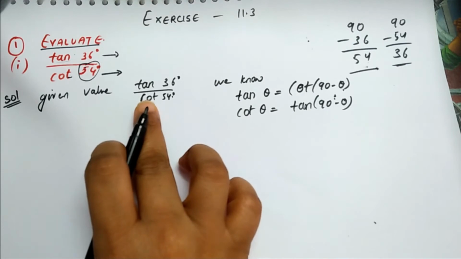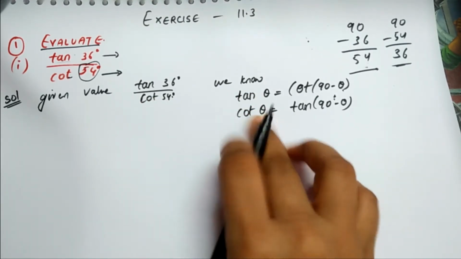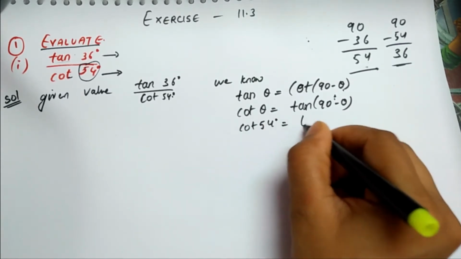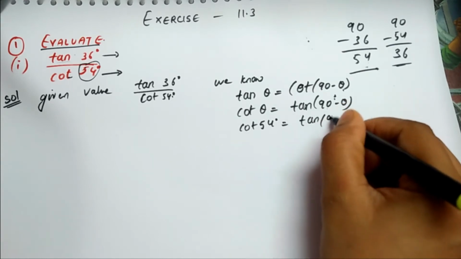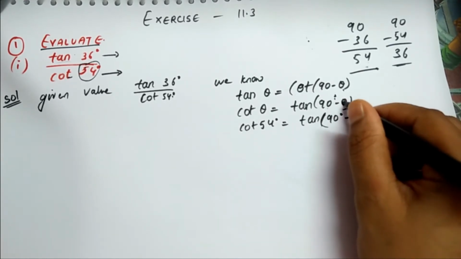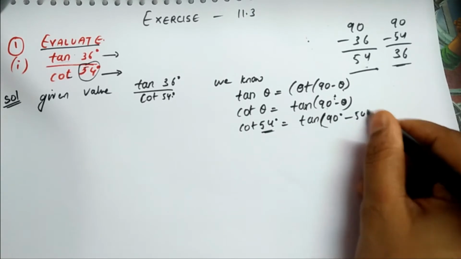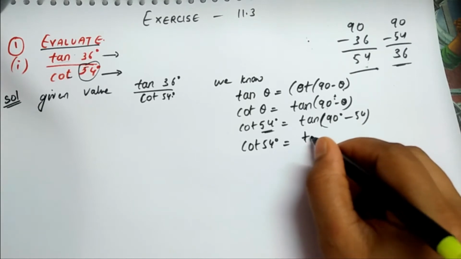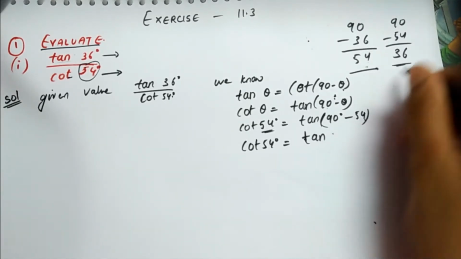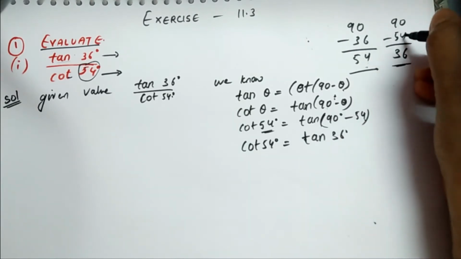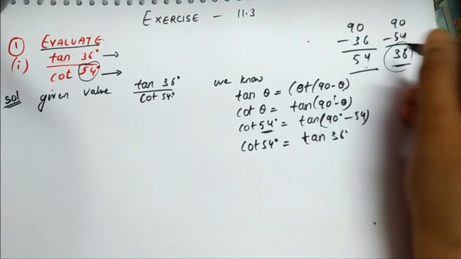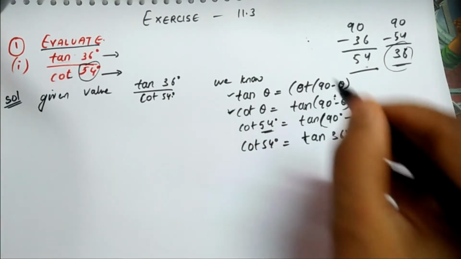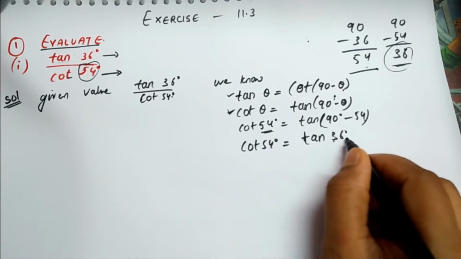So we are converting the cot value, so we are writing cot 54 degrees as tan of 90 minus theta, where theta here is 54. So cot 54 degrees, if converted, is tan 36. Okay, 90 minus 54 is nothing but 36. You can take it either way. We are taking this formula. So cot 54 degrees is nothing but tan 36 degrees.